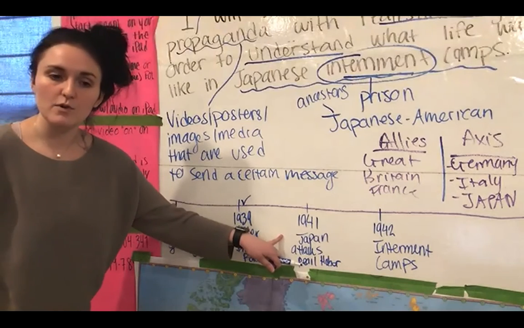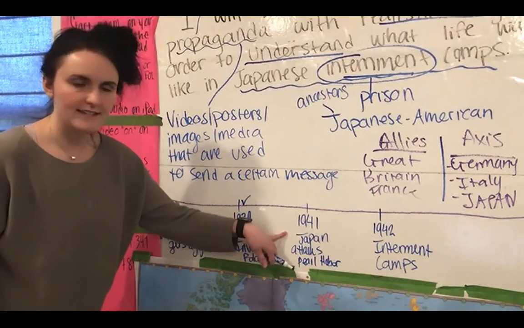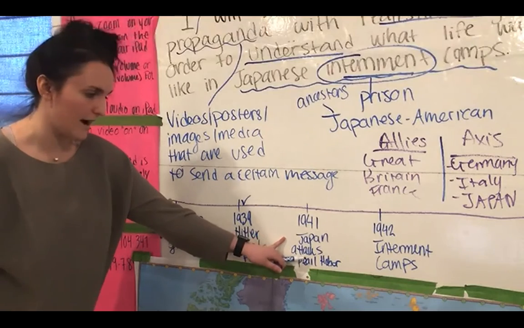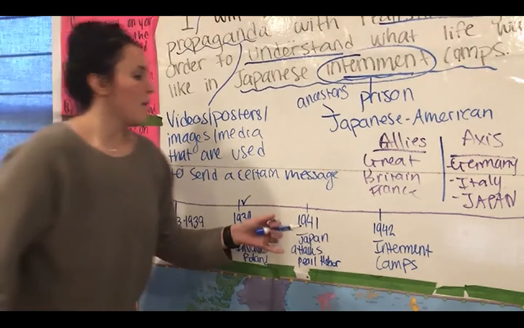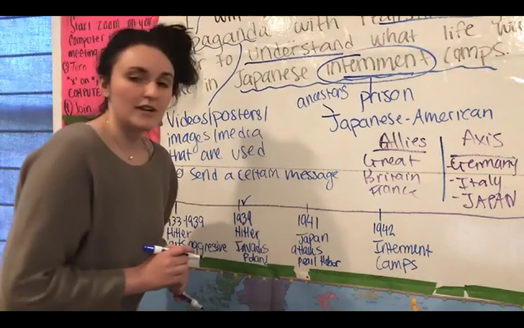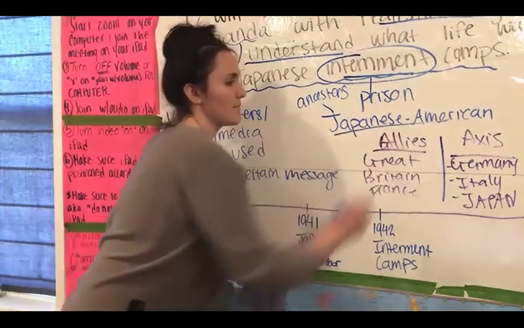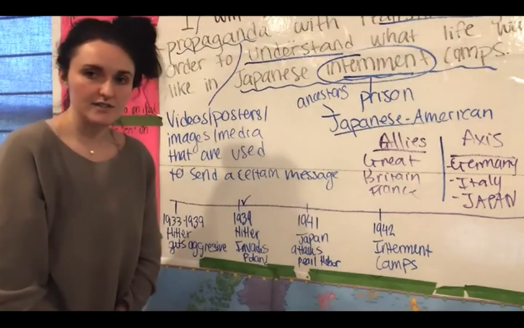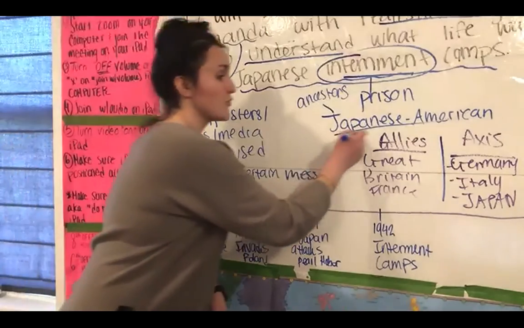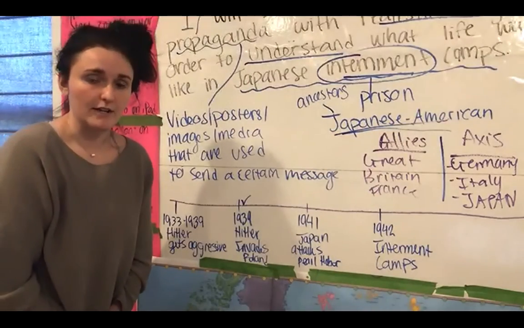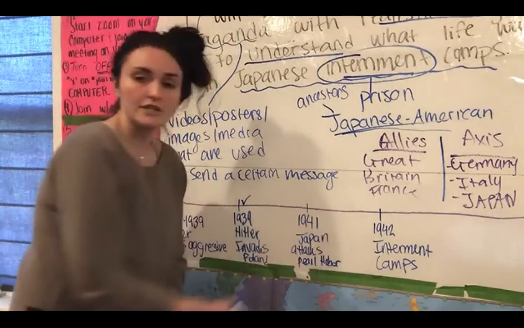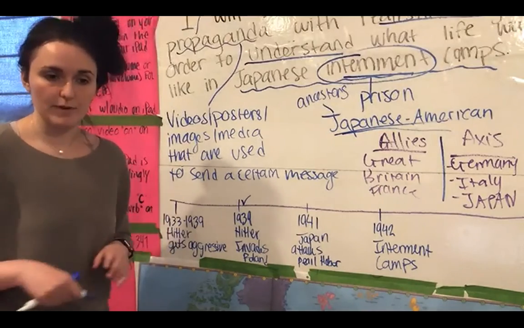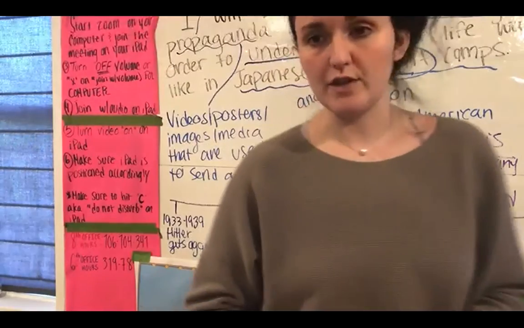Then in 1941, Japan attacks the US. Japan attacks Pearl Harbor in Hawaii. Once Pearl Harbor happens, many Americans become suspicious of Japanese Americans. Simply because Japan attacked the US, Americans become suspicious, wrongly, of Japanese Americans. And in 1942, the internment camps, which you will continue studying today, are fully open, and they're going to remain open for a number of years.